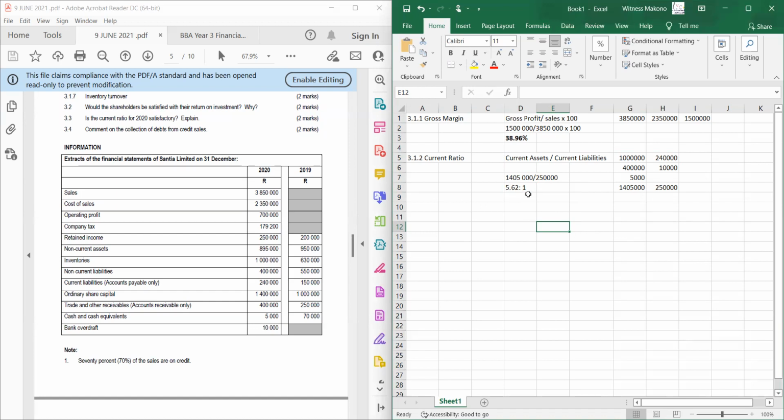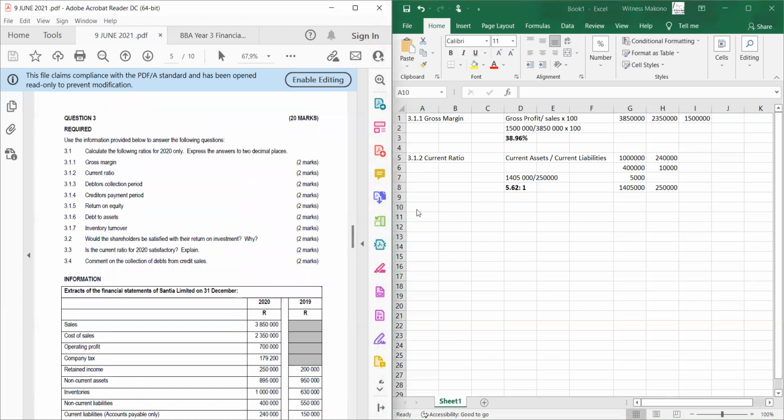Why do we say is to 1? Because it's a ratio, it's current assets as to current liabilities. So you can leave it like this, or you can just put it as 5.62. It gives you the same answer. Will it always be the decimal is to 1, or is it ever possible for it to be the decimal is to 2?